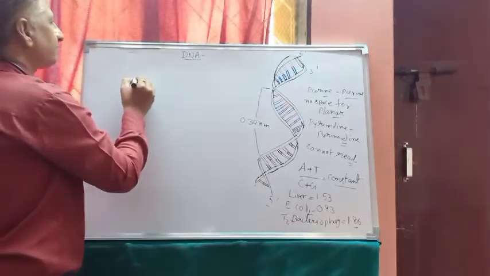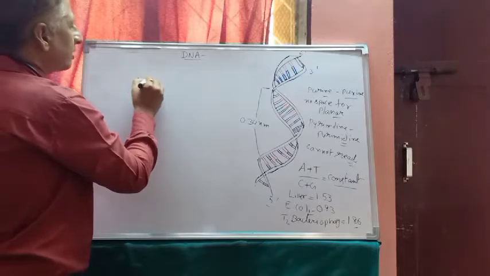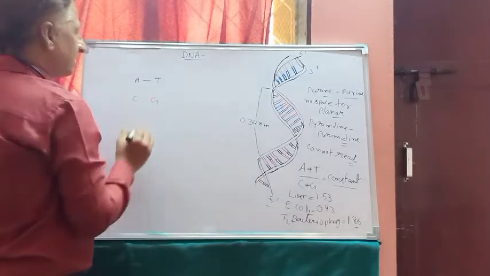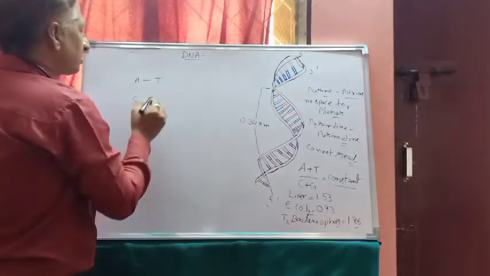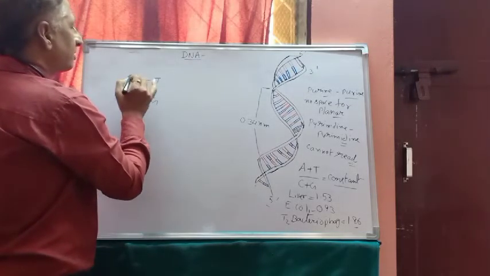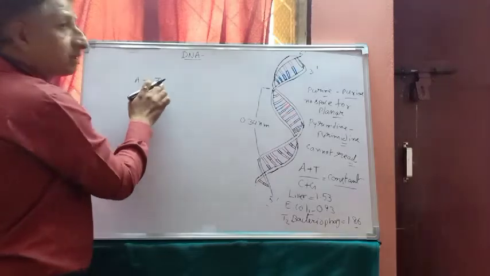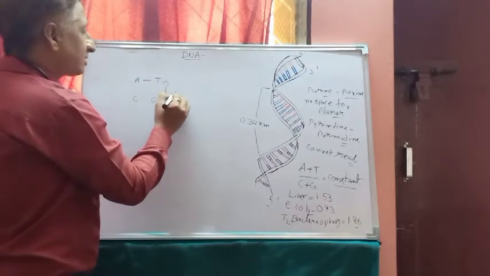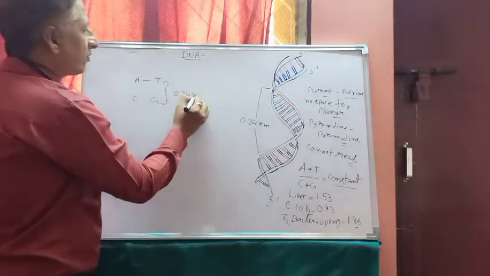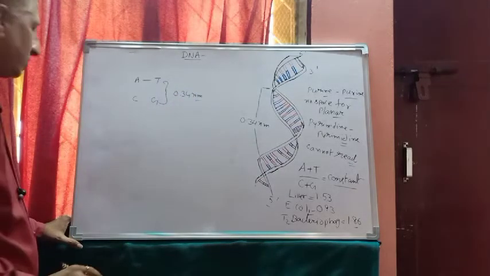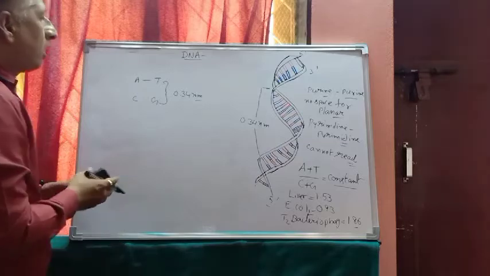See here, A, T is one base pair, and C, G is one base pair. Every time, adenine, thymine, this is purine, this is pyrimidine. So the gap between them is 0.34 nm.